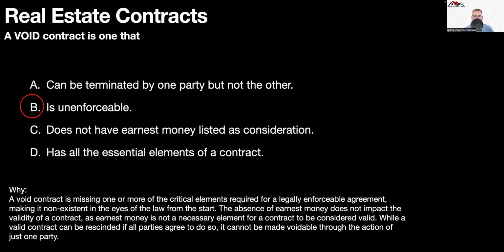The absence of earnest money does not impact the validity of a contract, as earnest money is not a necessary element for a contract to be considered valid. While a valid contract can be rescinded if all parties agree to do so, it cannot be made voidable through the actions of just one party.